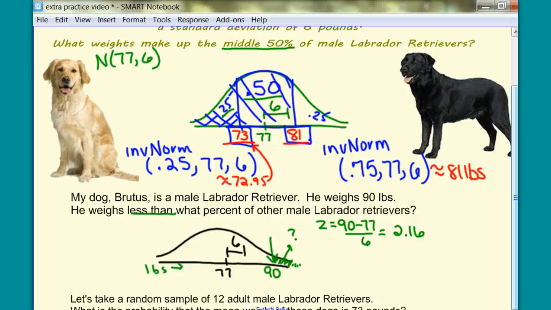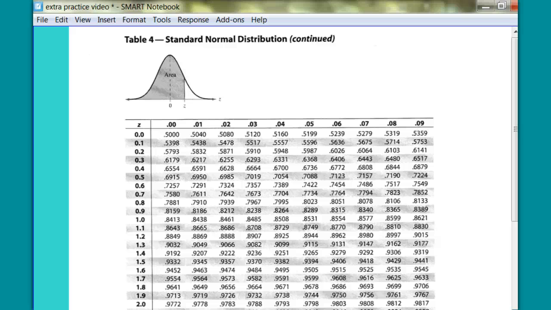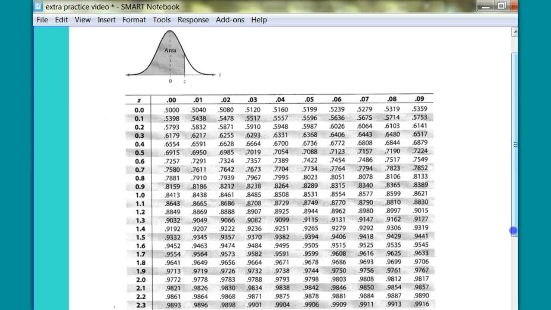So let's grab our z-chart, find 2.16 on the z-chart. I've got to bump it down just a smidge. 2.1, column 6, and what am I looking at? I'm looking at 98.46.